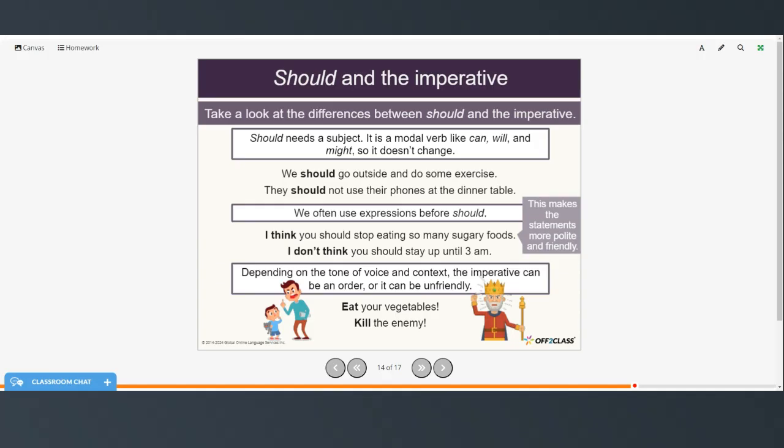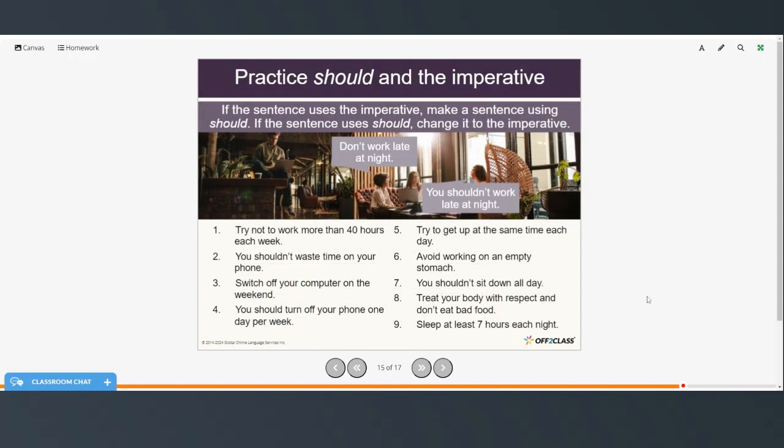I don't think you should stay up until 3 a.m. Using I think or I don't think is just to make the statements more polite and friendly. And depending on the tone of voice and context, the imperative can be an order or it can be unfriendly. Eat your vegetables, kill the enemy.